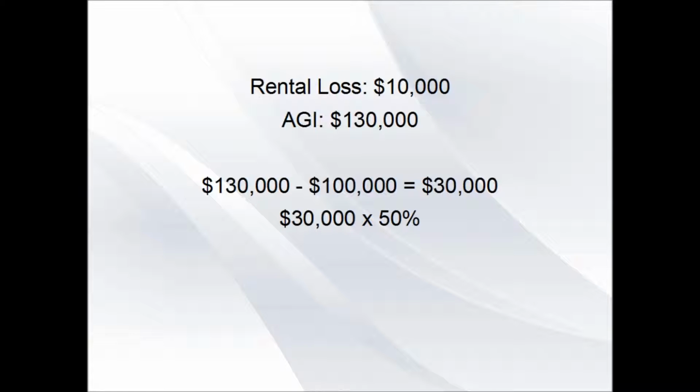First, you would take 50% of that $30,000 worth of the AGI that is over $100,000. This comes out to $15,000. Then, taking the phase-out amount of $15,000 from the maximum, the new maximum amount they are able to deduct for rental losses becomes $10,000.